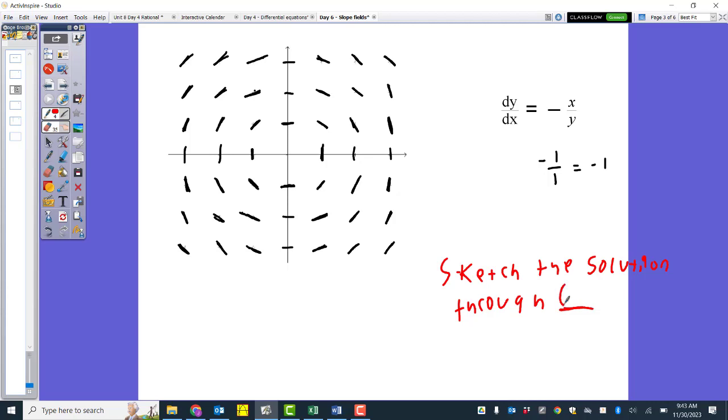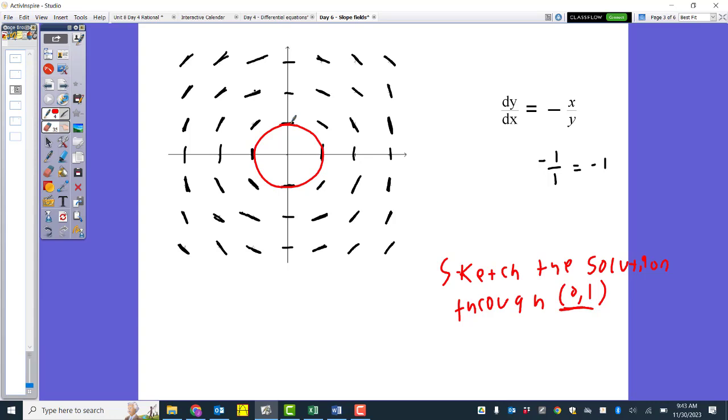So at this point we'll do through 0, 1, the one we just drew. We're going to create a curve and match the slopes as best we can. Now, there are a few rules about this that we're going to talk about in another problem, but for now, that's what we're looking at.